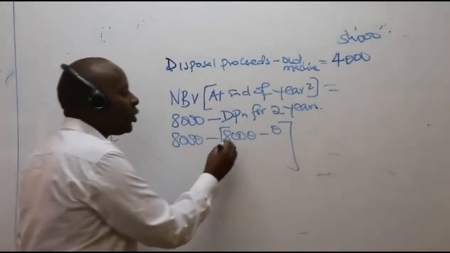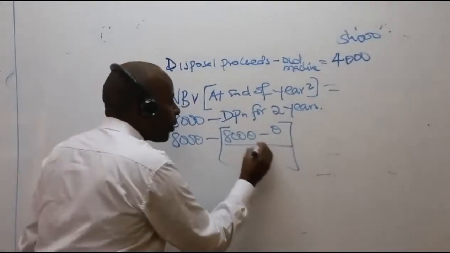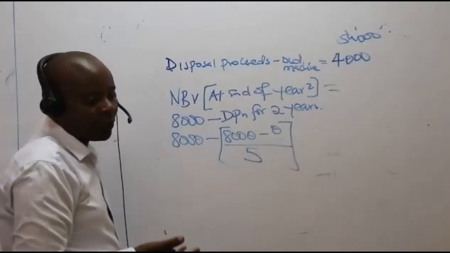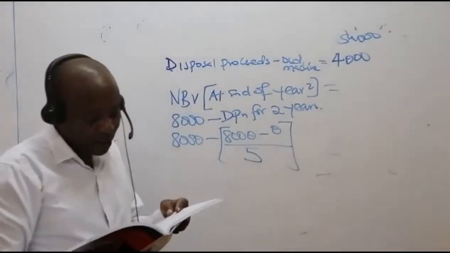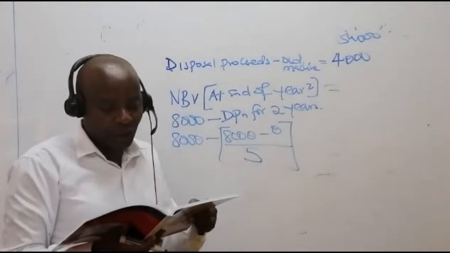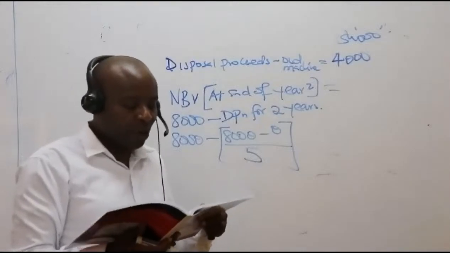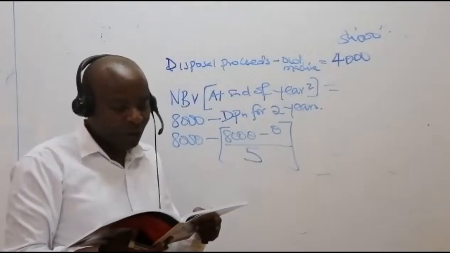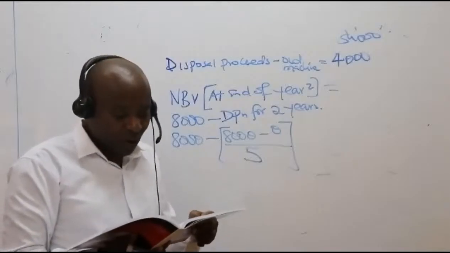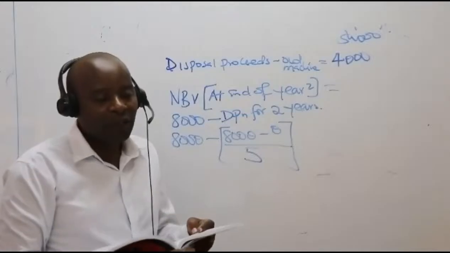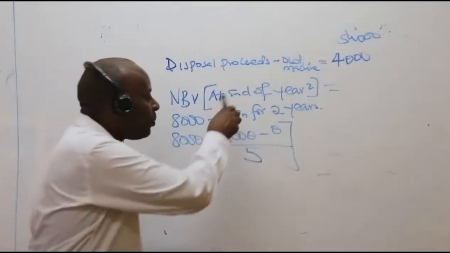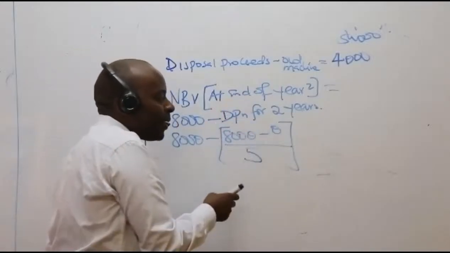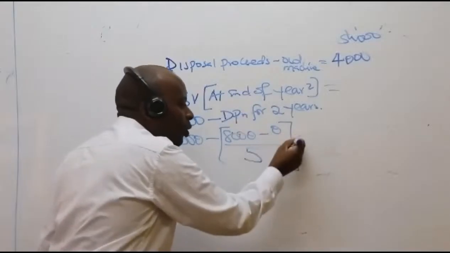And remember, ladies and gentlemen, that the useful life of this old asset was 5 years. We can read this again. We are told that the existing machine was acquired 2 years ago at a cost of 8 million. The existing machine was estimated to have a useful life of how many years? 5 years, with no salvage value. But now remember that this will be depreciation per annum. I want it to be accumulated, so times 2.